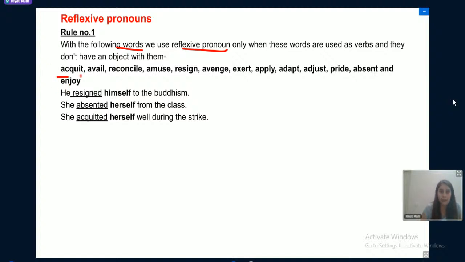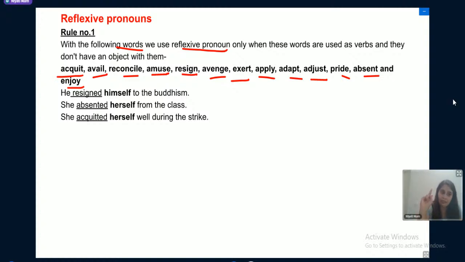The words are acquit, avail, reconcile, amuse, resign, avenge, exert, apply, adapt, adjust, pride, absent, and enjoy.